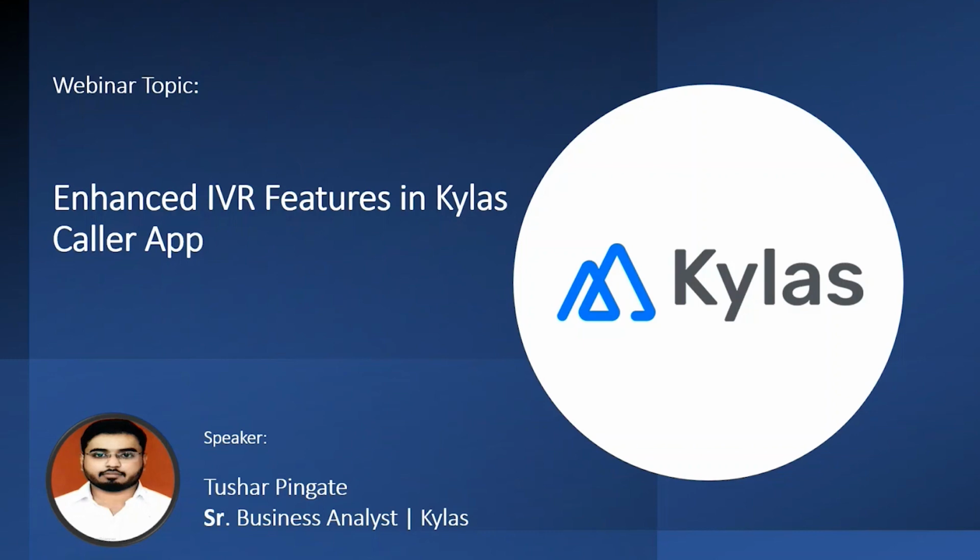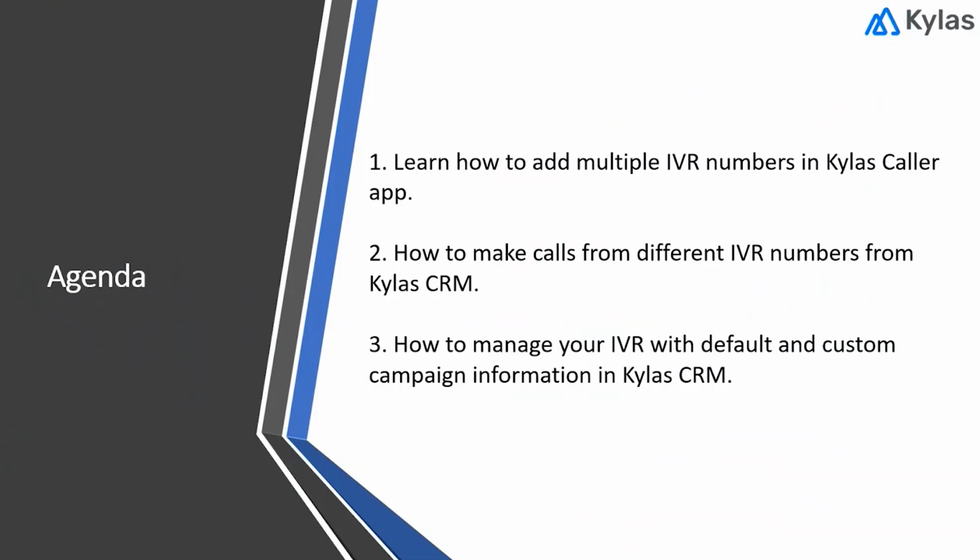So let me share the pointers of today's webinar. We will be looking at how we can add multiple IVR numbers. If you have multiple IVR numbers under one IVR account, how you can add those numbers in Kylas to make an outbound call.